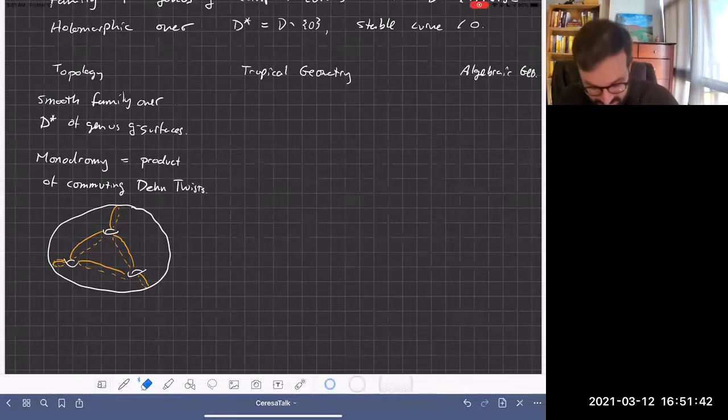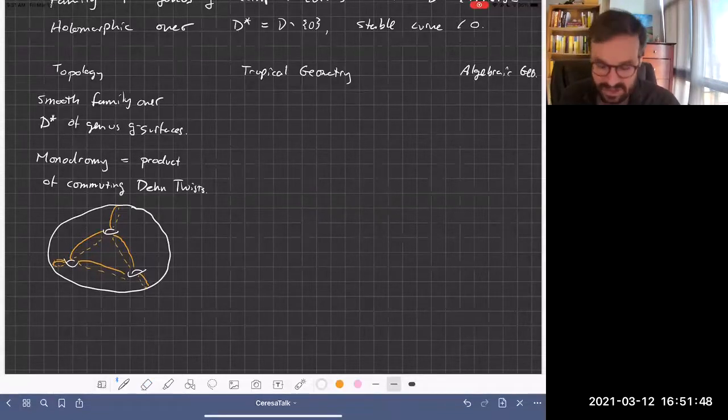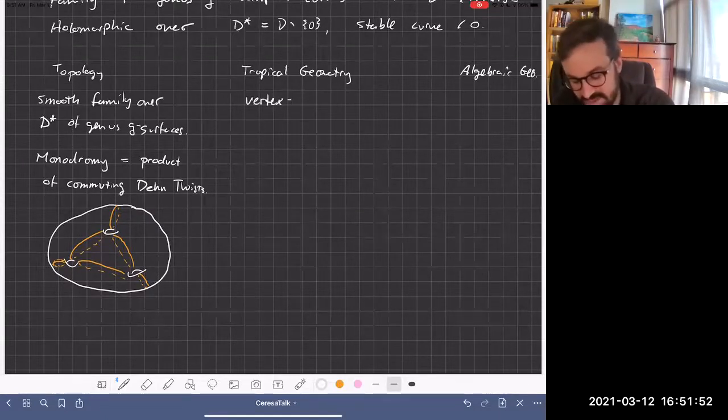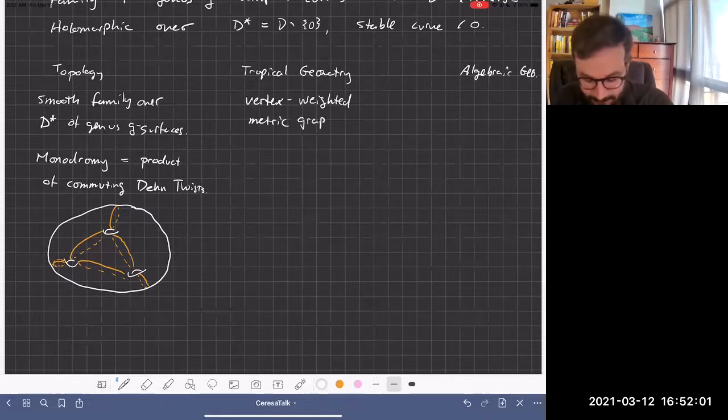Right, so now from the tropical geometry perspective, this data of degeneration is recorded in a metric graph, strictly speaking a vertex-weighted metric graph, recording the stable degeneration.